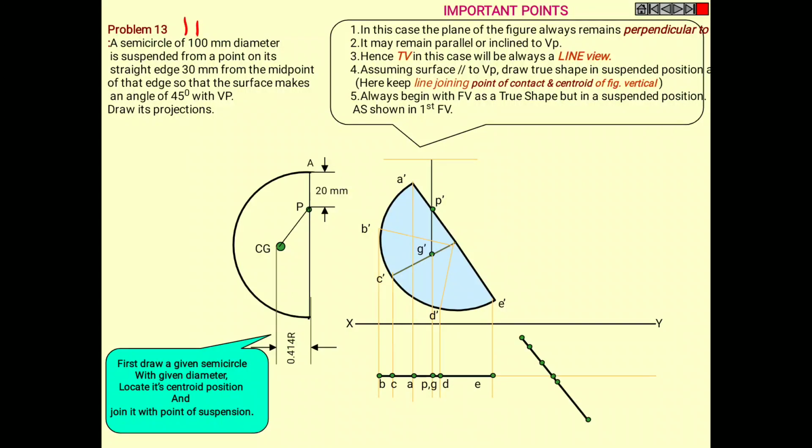Now 45 degrees inclined of this line with all the points. Draw the projections and take the projections from both VP as well as the HP. Mark the points.